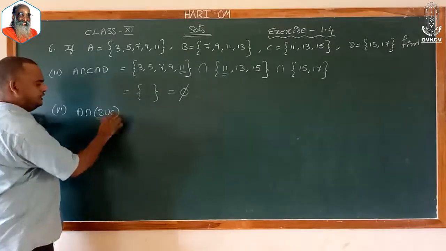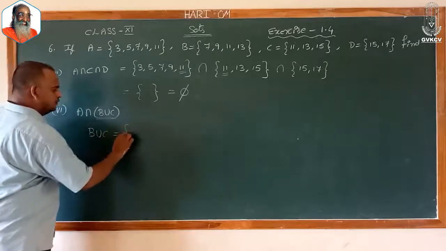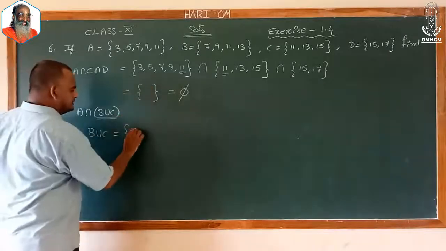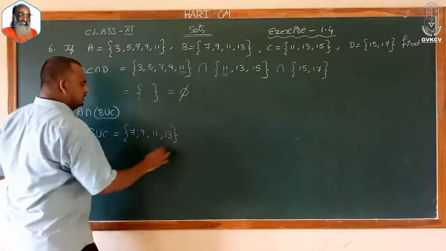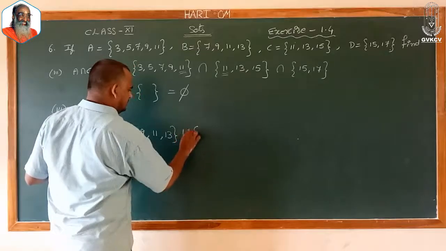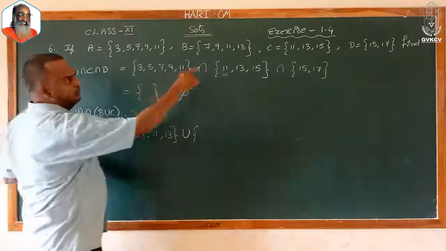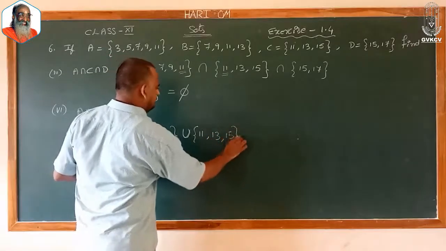So I am going to find B union C. What is set B? We have 7, 9, 11, 13. Union C. What is set C? 11, 13 and 15.